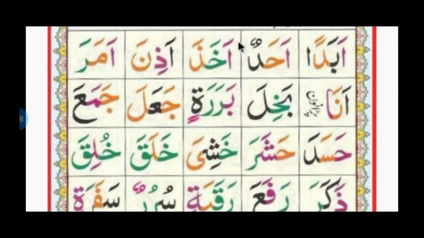Hamza Fatha A, Kha Fatha Kha. This is Alif, and Alif has Fatha on it, so we will read this Hamza, and we will not stretch it, we will not jerk it. And this is Kha. Kha is from huruf musta'aliya.